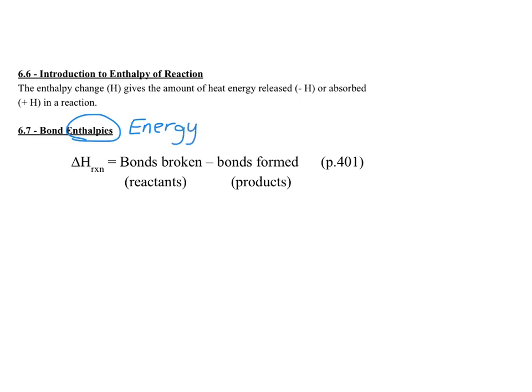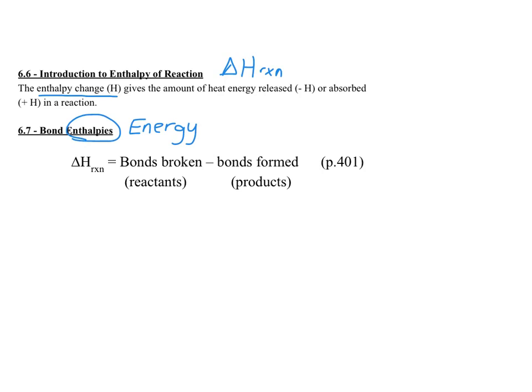When we're dealing with chemical bonds, there is energy stored in those bonds, and there's a certain amount of energy that it takes to break those bonds. So we're going to be calculating what is called the enthalpy change, delta H for the reaction. We're going to abbreviate reaction as RXN there.